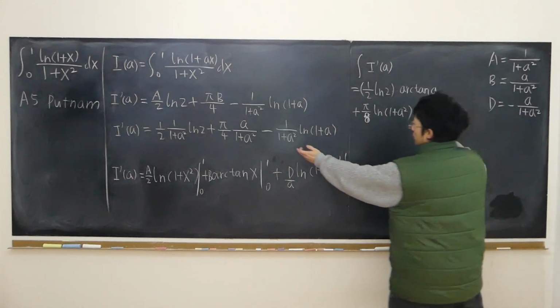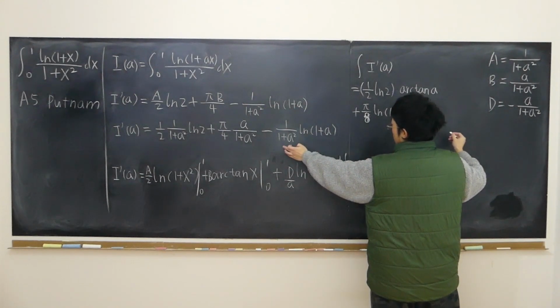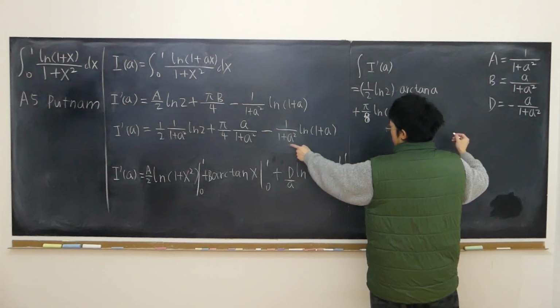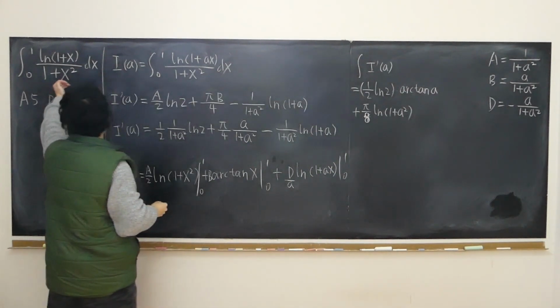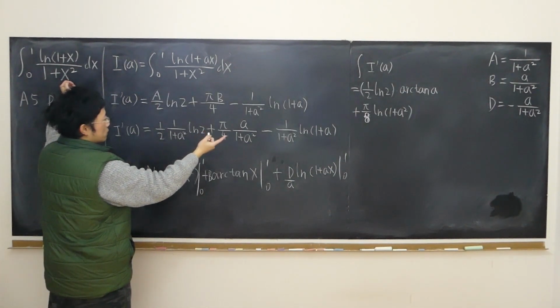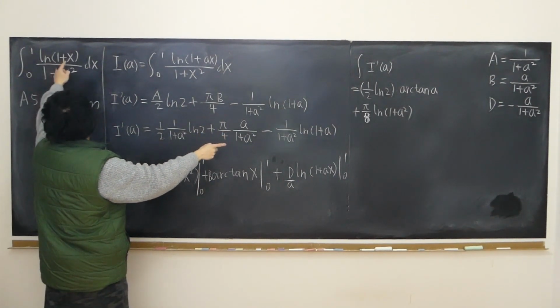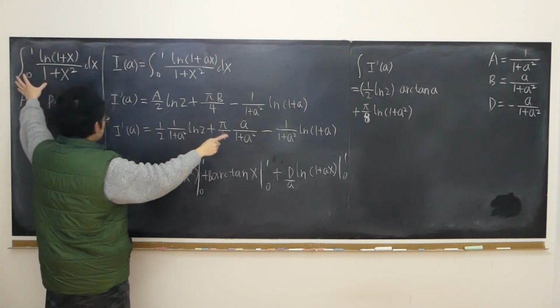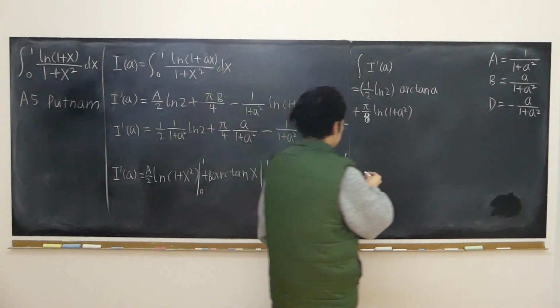So minus this. We don't know this. This is hard to integrate. But if you realize that this is actually our desired integral, we just replaced x with a's, right? 1 plus a squared, 1 plus a, integrate. The only difference is that this is definite integral. That is indefinite.